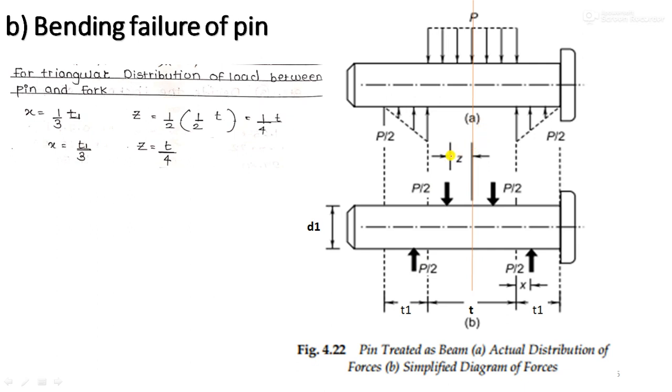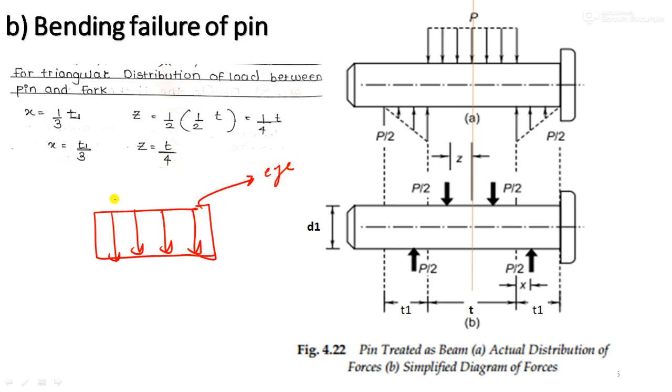Now let us consider this z. Basically, try to understand that this is a uniformly distributed load, acting over the portion having a thickness, so this length will be t, and the force is P1.